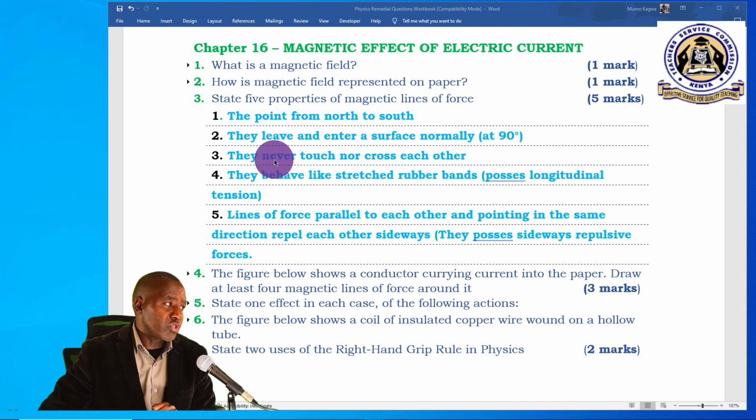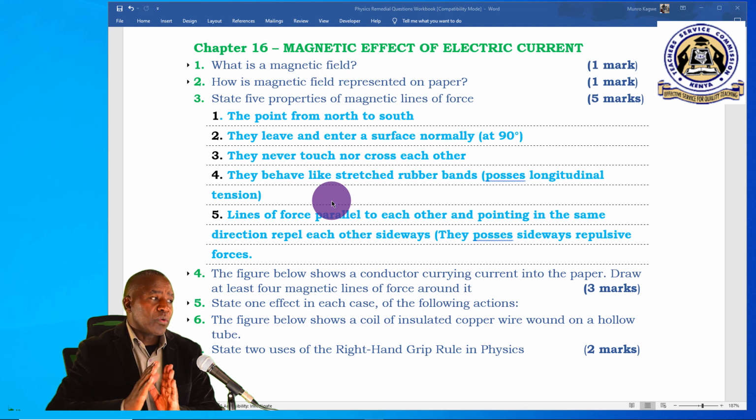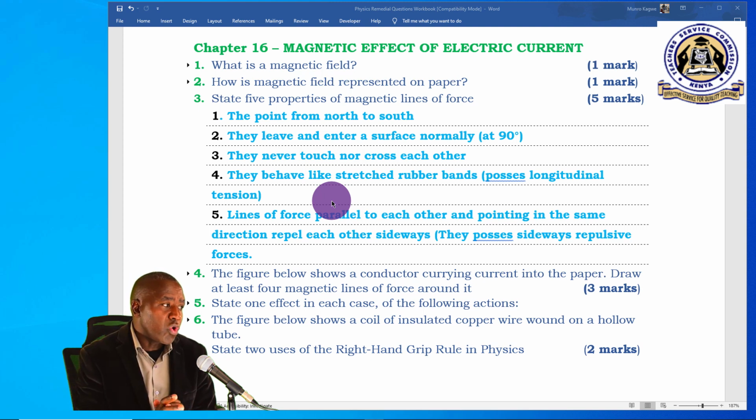Number 4, they behave like stretched rubber bands. That is, they possess longitudinal tension. Number 5, lines of force are parallel to each other and pointing in the same direction, always repel each other sideways. In other words, they possess sideways repulsive forces.